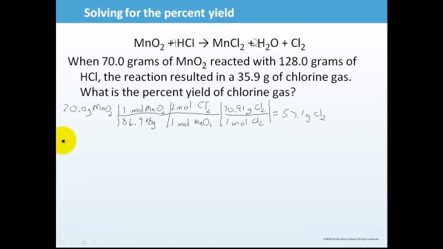We have to then do this again. This time though we got 128.0 grams of HCl.